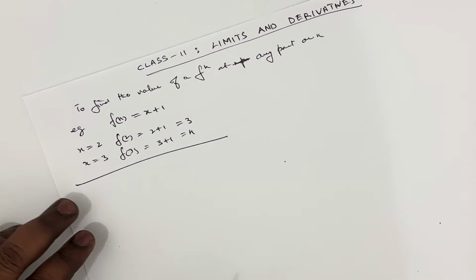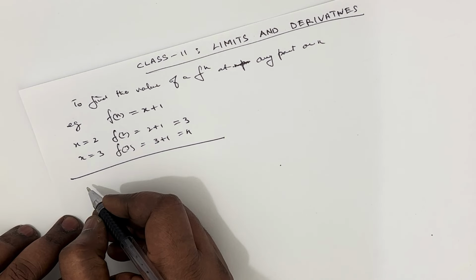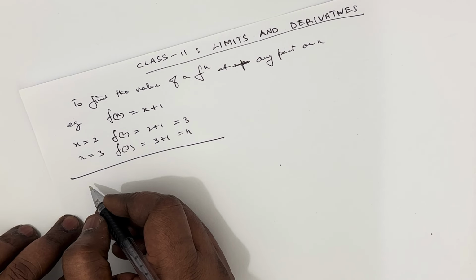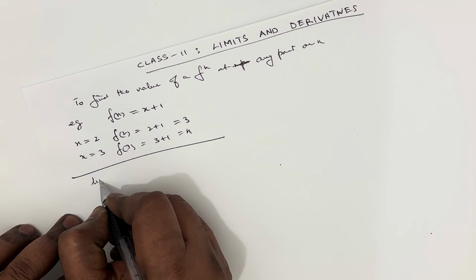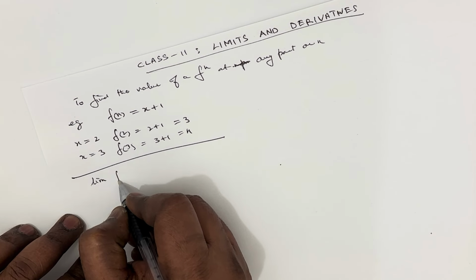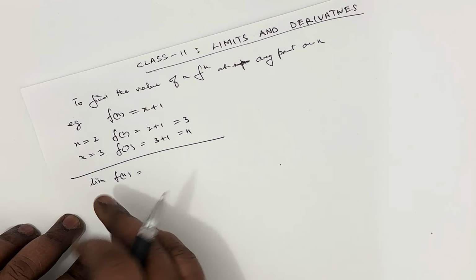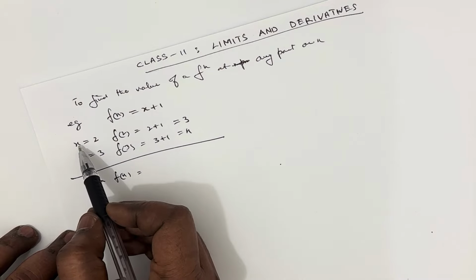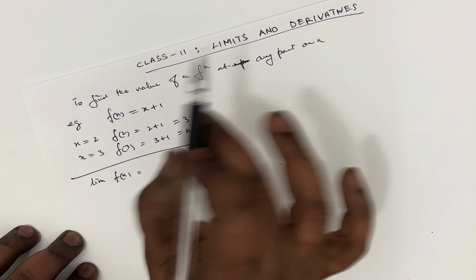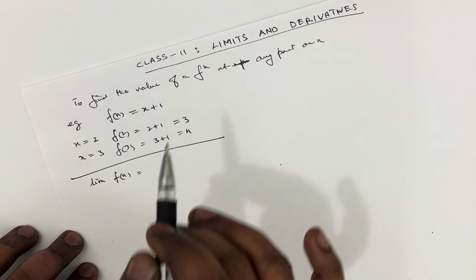Now in the same way, the limit of the function f of x is the value of the function when x is not equal to 2, but is moving or approaching to 2.